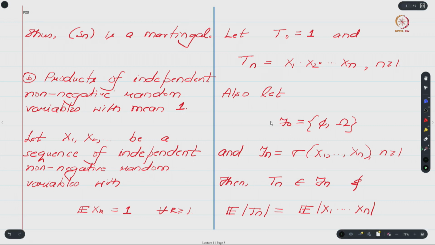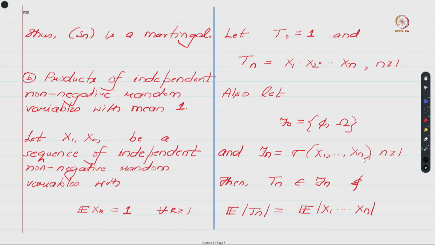Let F0 be the trivial sigma field generated by the empty set and the sample space, and for every n bigger than or equal to 1 let Fn be the sigma field generated by the first n elements of this sequence, x1, x2 and so on all the way up till xn.